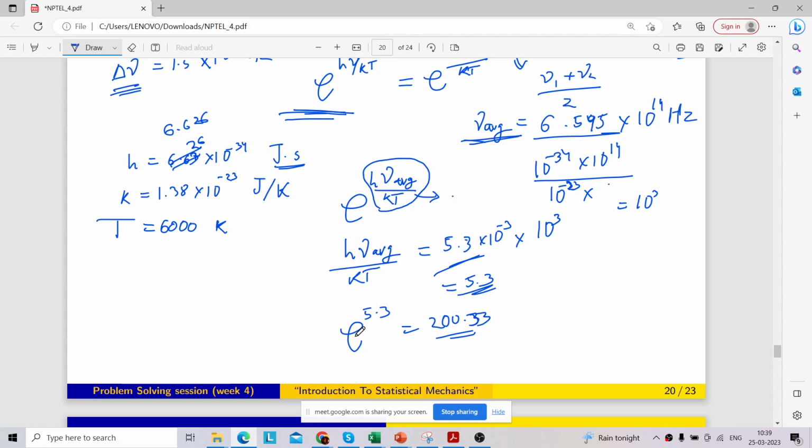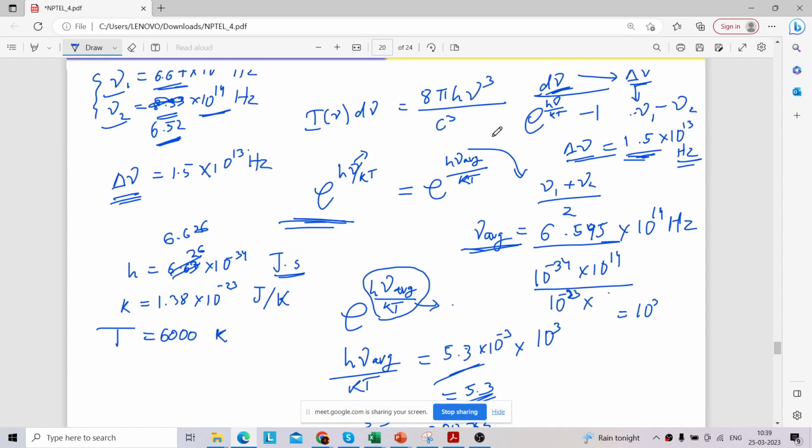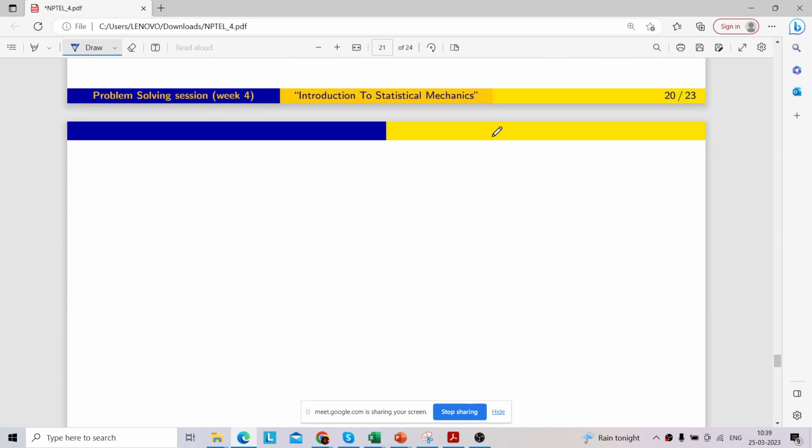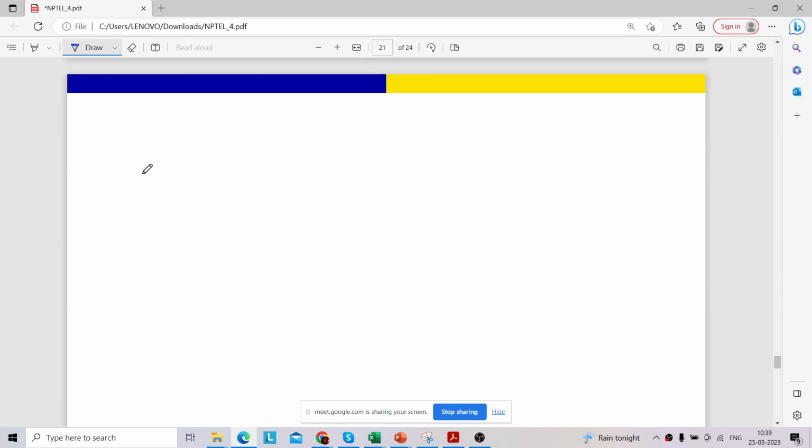So if we got this, then we have everything now. Then we just substitute in the equation. So what is the equation? I nu is 8 pi h over c cube. Yes, it's c cube, you can cross-check it later.